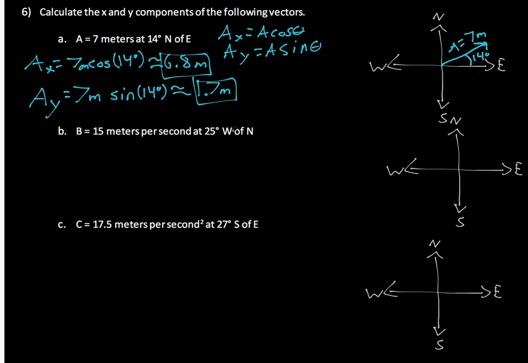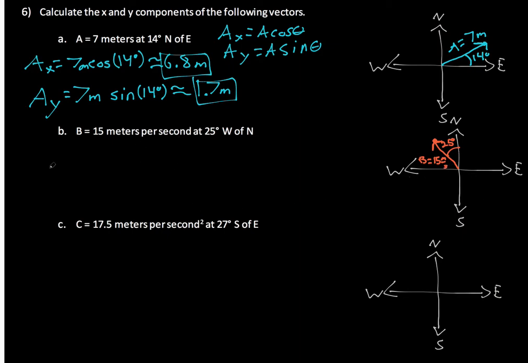So 25 degrees west of north means I'll look at north, and then I'm going to go 25 degrees towards the west axis. Something like this would be appropriate if it was drawn nicely. There we go, 25 degrees. And we're calling this vector B, 15 meters per second.